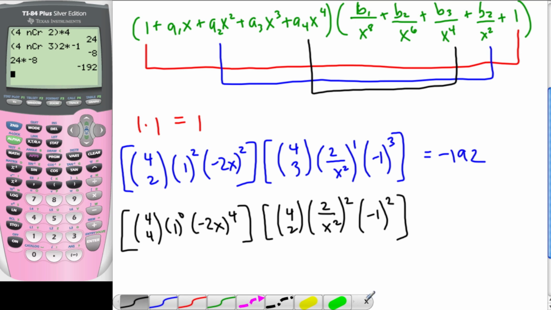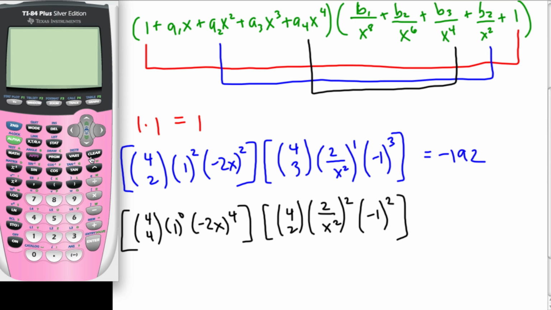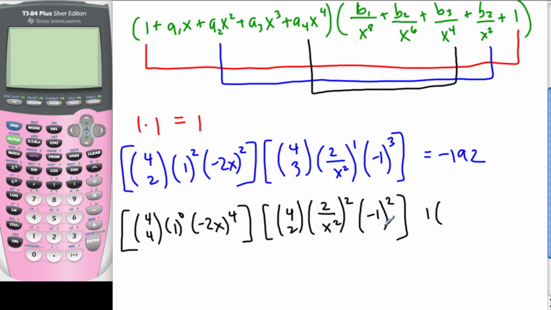And then we'll go 4 choose 4. Might be able to do this without the calculator. 4 choose 4 is 1. 2 to the 4th is 16. And 4 choose 2 is 6. 2 squared is 4. And the negative 1 squared is 1.